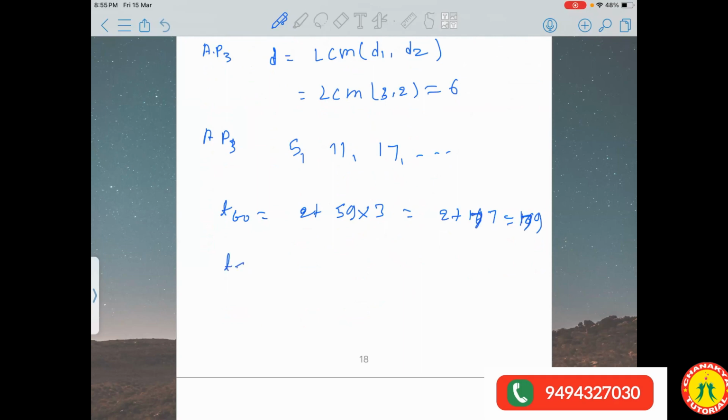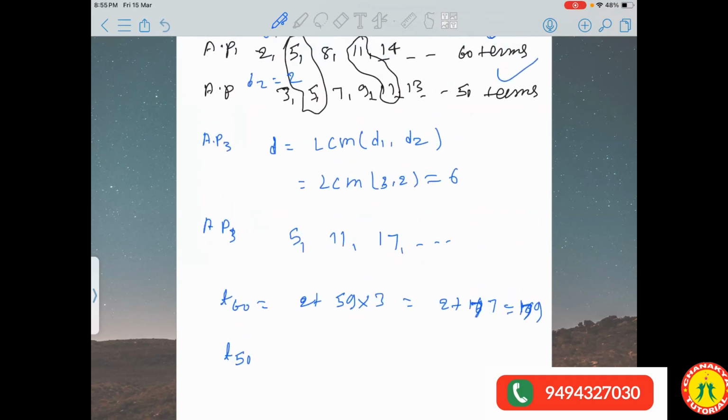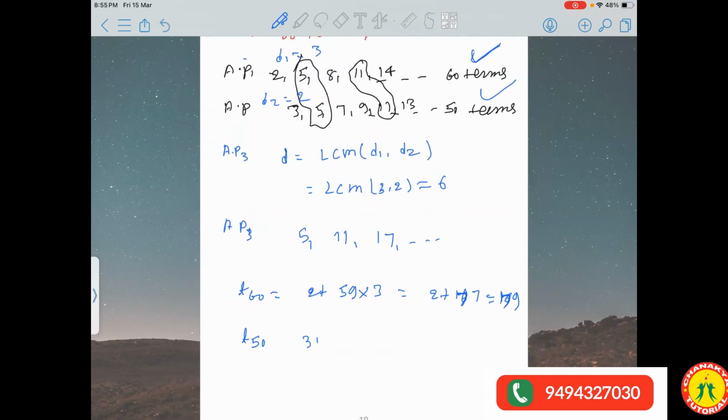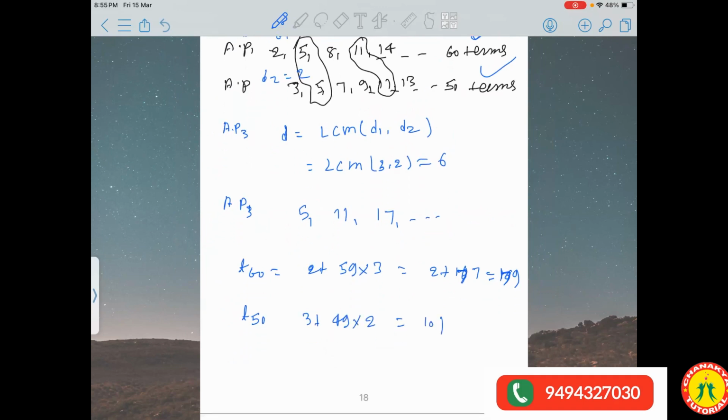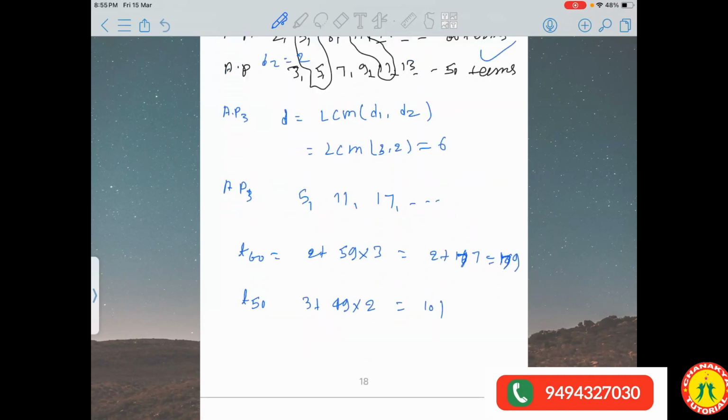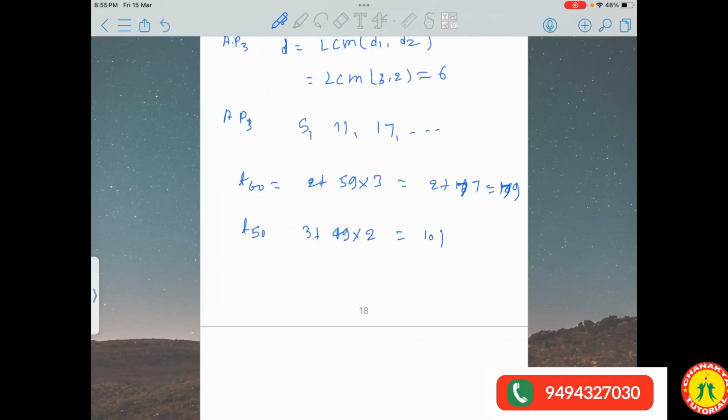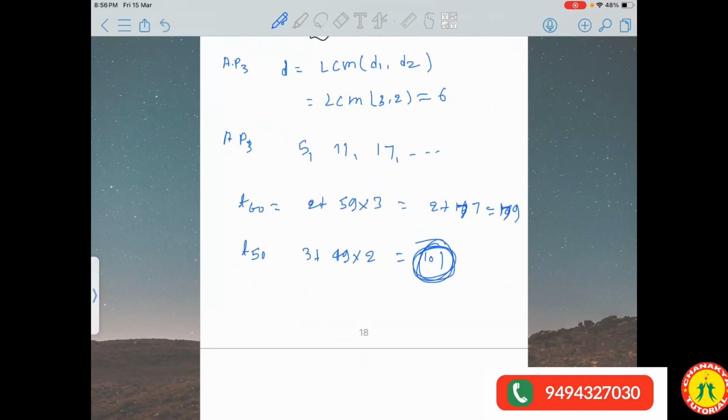And for the second AP, the last term T50 is 3 plus 49 into D2, so we got 101, right? So the maximum common term is up to 101, right?